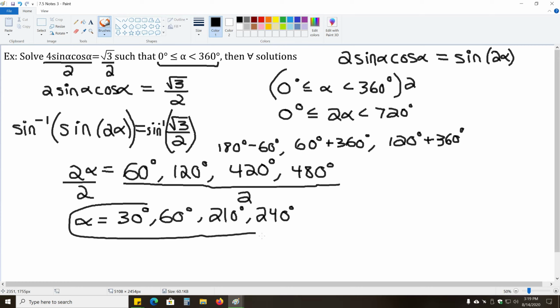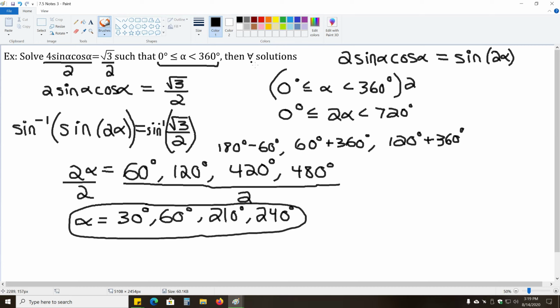All of these values are in the interval 0 to 360 that we originally needed for alpha, and they all solve this original problem for sine alpha, cosine alpha equals the square root of 3.